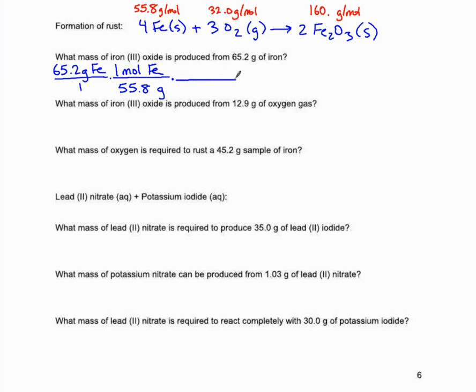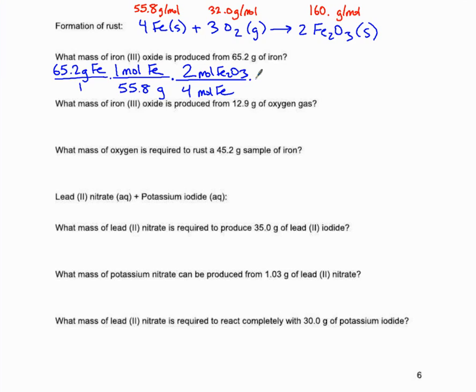Now that we're in moles, we can use the mole ratio, and this is where the coefficients come into play. So moles of iron, 4. Moles of iron 3 oxide, 2. This is the only place where the coefficients appear in this whole calculation.